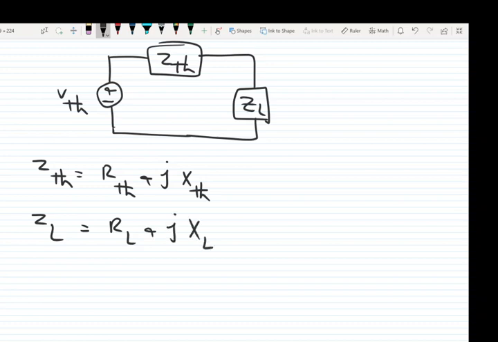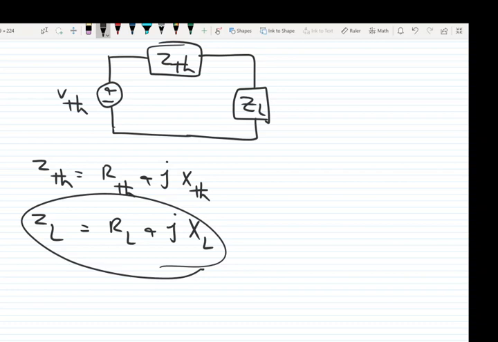Okay, so the objective is to adjust the load impedance RL and XL so that the average power to the load is a maximum.